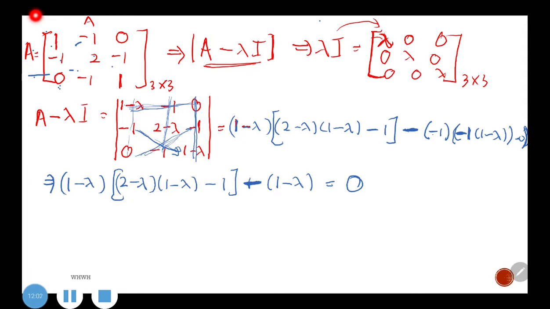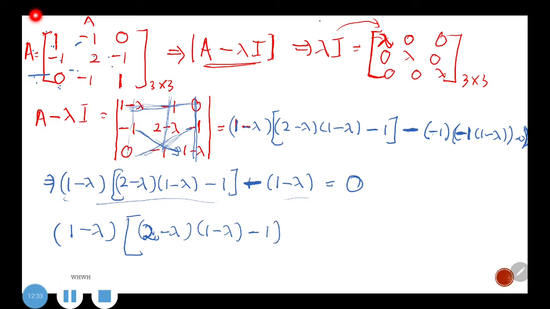So as you can see here, you need to solve for lambda. First hint to solve for lambda, try to find a common factor. There are two terms here, first term, second term. Both terms have 1 minus lambda, so you may factor out 1 minus lambda. So here we will have 2 minus lambda, 1 minus lambda, which is not factorized because it is inside. And then minus 1, and then minus with 1 equals to 0.